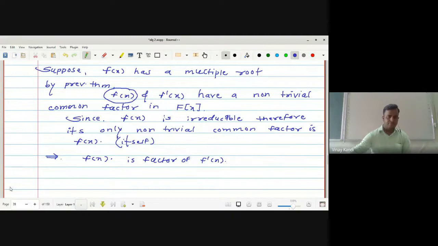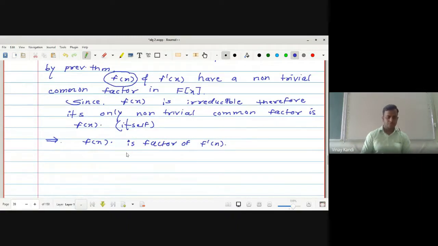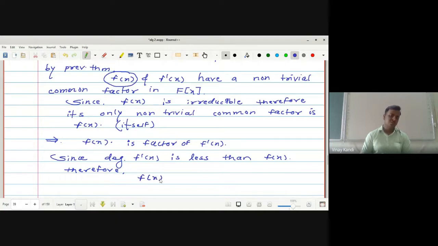Okay, since the degree of f'(x) is less than that of f(x), therefore, look at it, f(x) is a factor of f'(x).